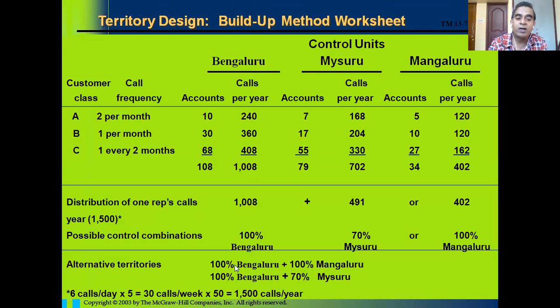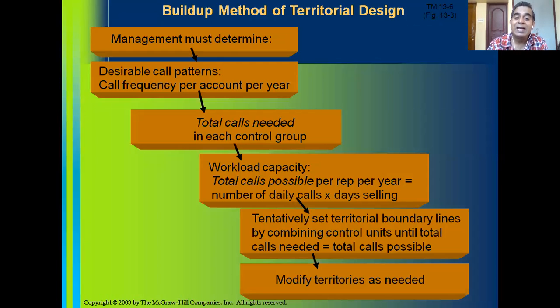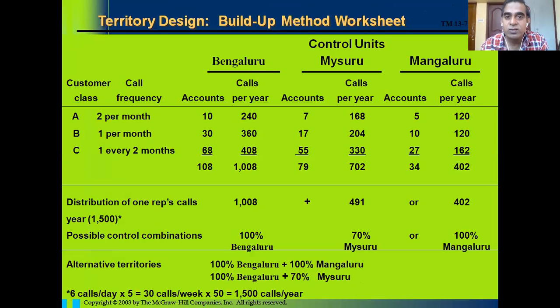Then whatever we have done, like merging Mangaluru with Bengaluru and 70% of Mysore with Bengaluru, you can remove that and make Bengaluru one single territory. That is what we call modifying territories as needed. Okay, so any questions now?